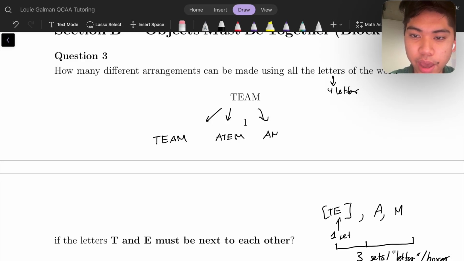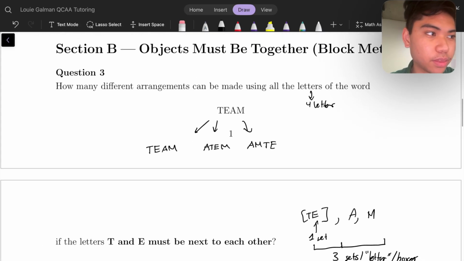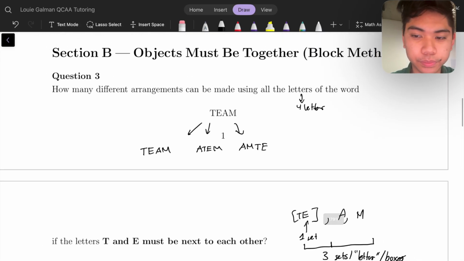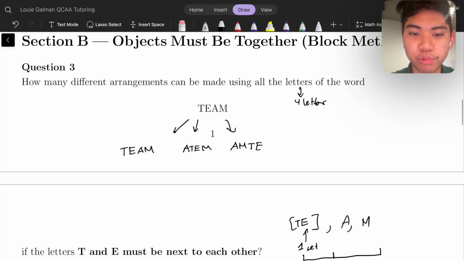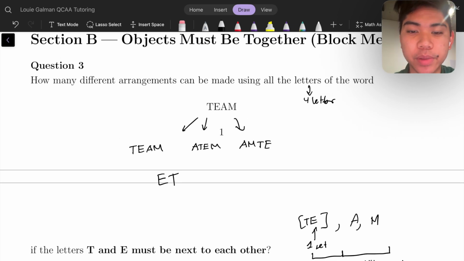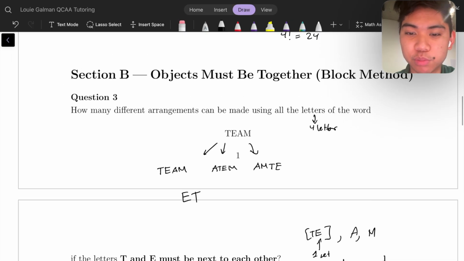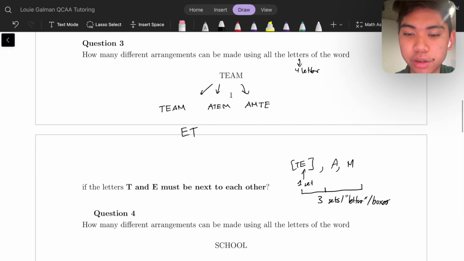So A, M, T, E, okay? However, obviously within those letters, we can also rearrange and make it ET. We can swap around the T and E, and same thing with the A and M as well. So that would mean that we have many more possibilities, okay?